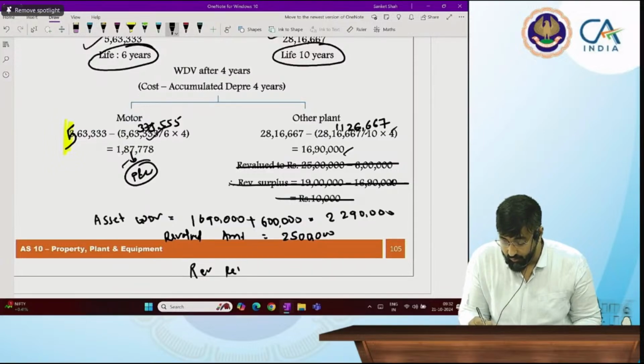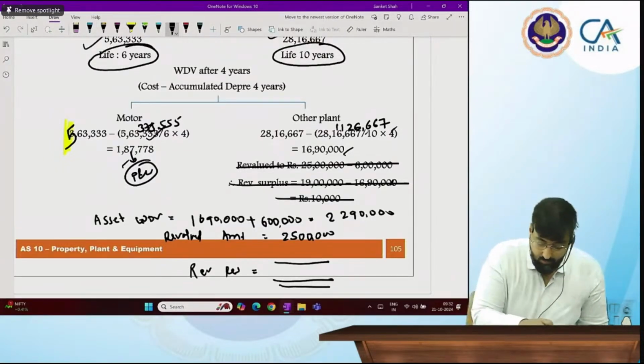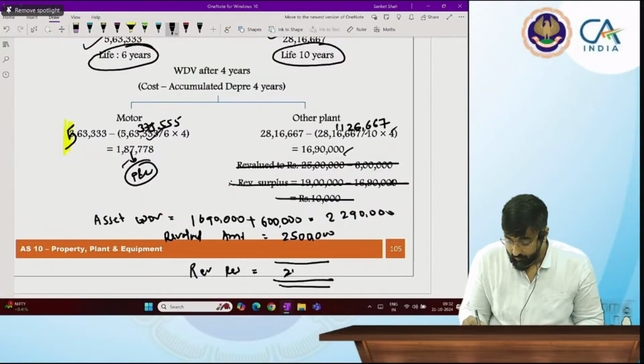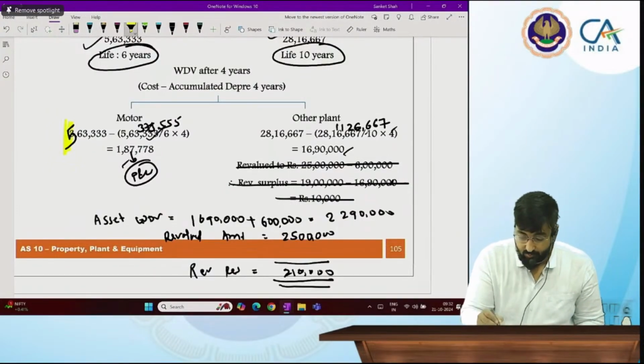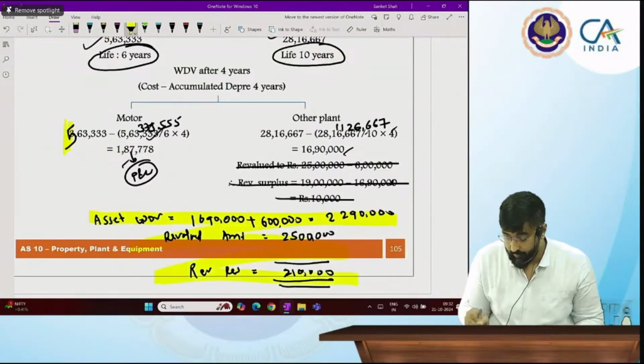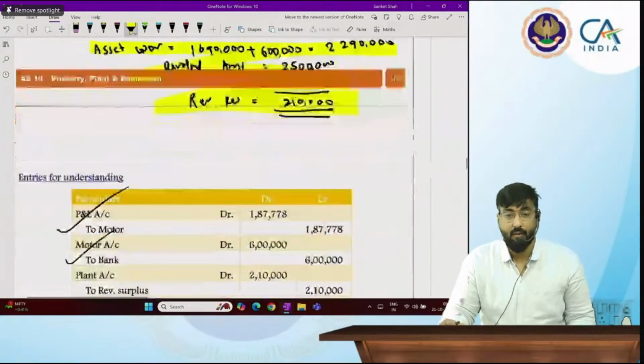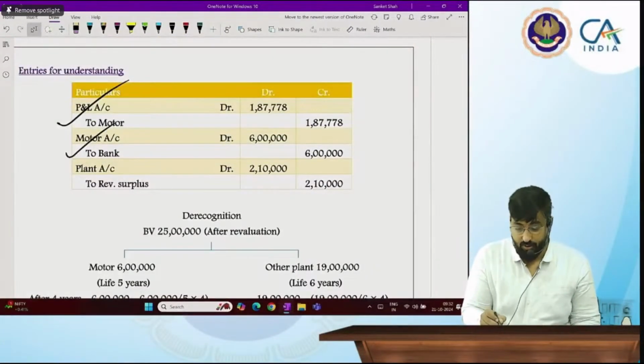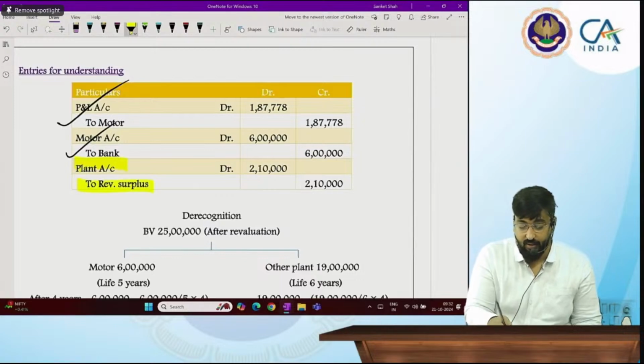Therefore, the revaluation reserve at the end, it is given, 2 lakh 10,000. This is the correct presentation. So plant to revaluation surplus entry, got the entry.